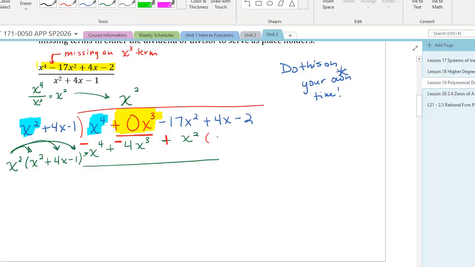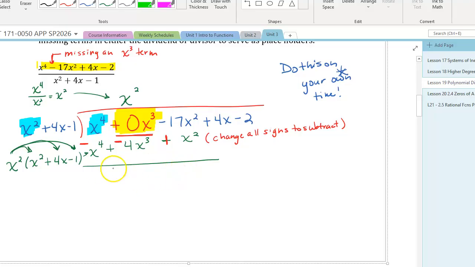So remember that subtracting is the same as changing all the signs. And I tend to go through and change all the signs because if not, the mistake I see made is that you subtract this, but then you forget to change these signs and your answers end up being incorrect.